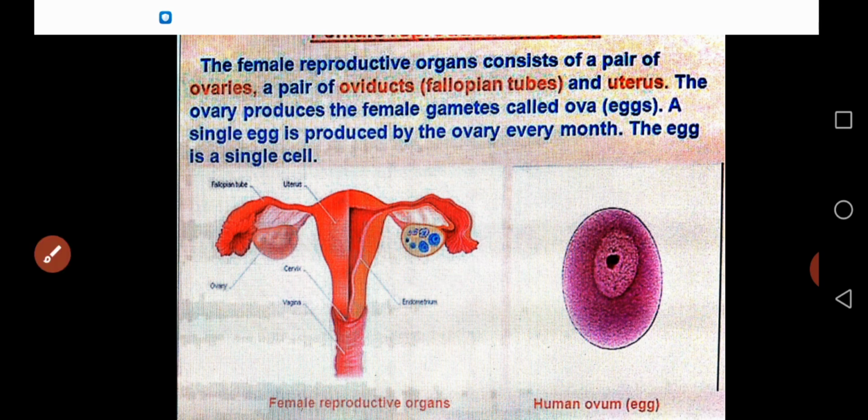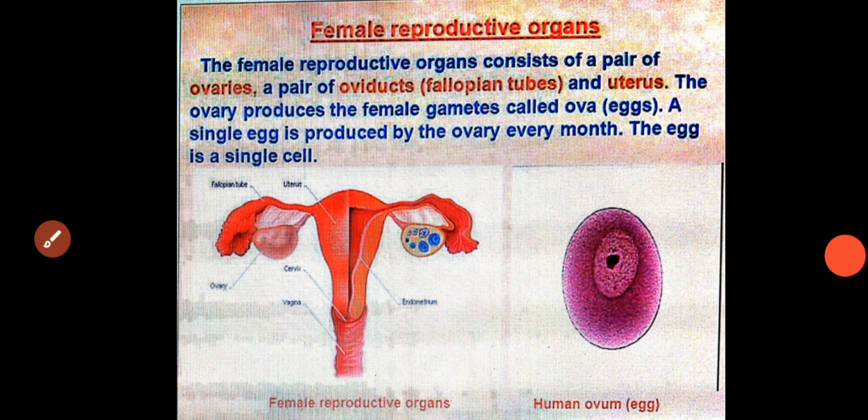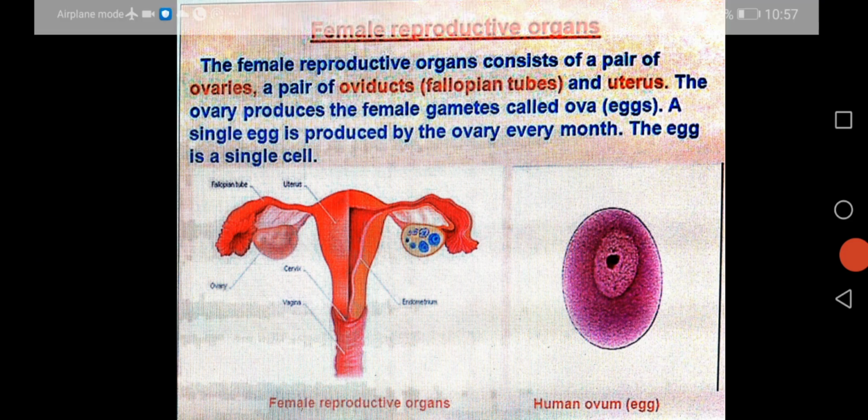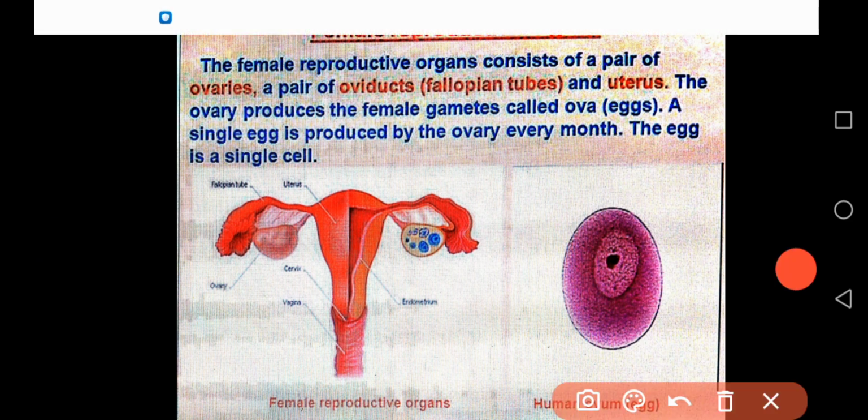Similarly, students, the female reproductive system contains another very important part, which we call the fallopian tube. This is the fallopian tube, and this one is also a fallopian tube. The egg is carried from the ovary to the womb or uterus through a thin oviduct, or fallopian tube.